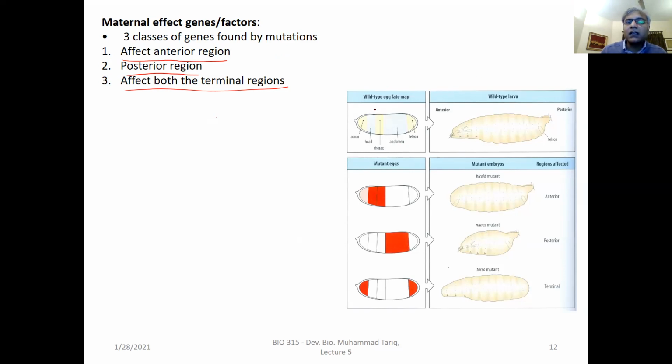Here are cartoons showing genes which affect only the anterior region. This is the wild type embryo, this is how the anterior body axis looks, and this is the posterior in wild type.